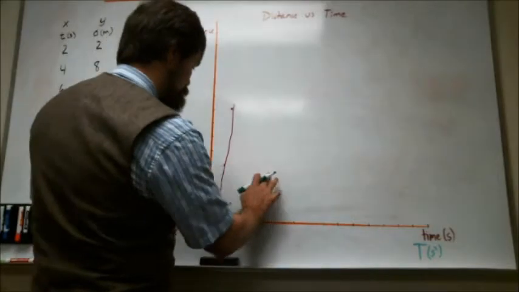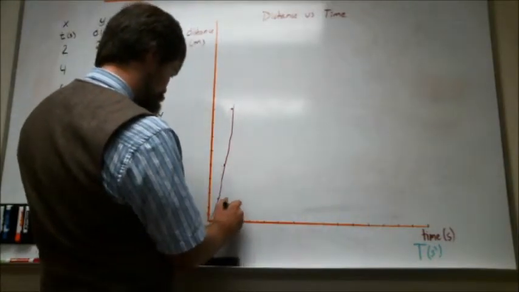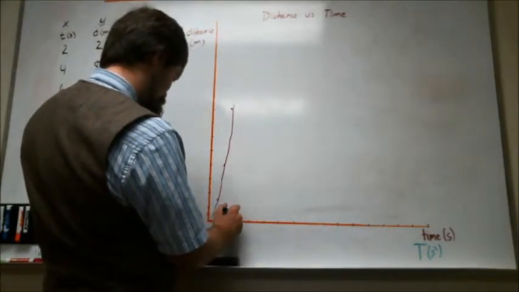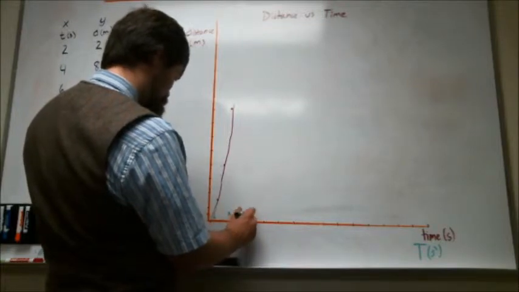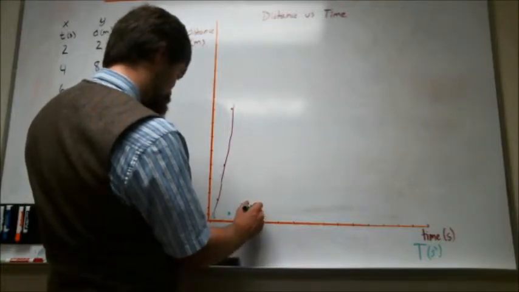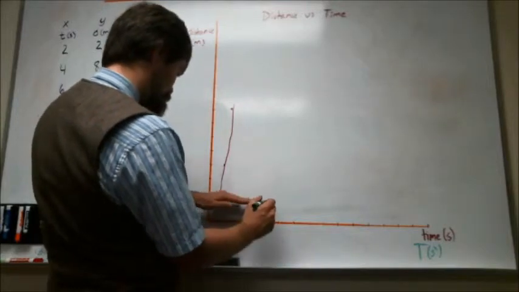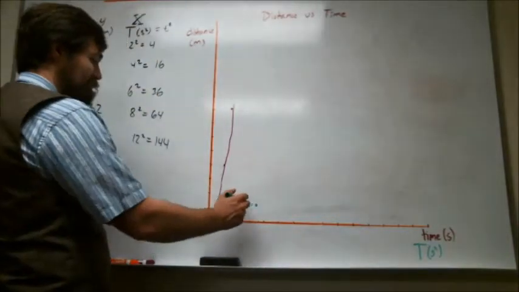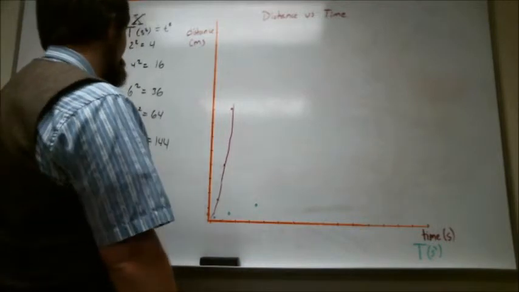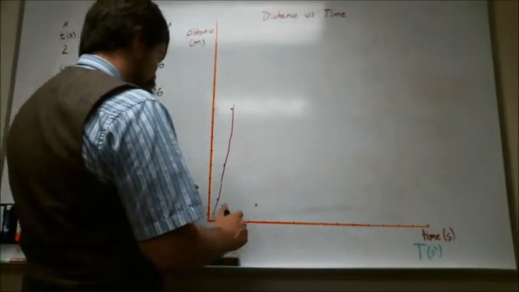excuse me, this one, I'm a little off here. This one actually was 8, so that actually puts it only about here. This one was 36, 18, so that puts it in line with this point on this one. So it's here. 64, 32.